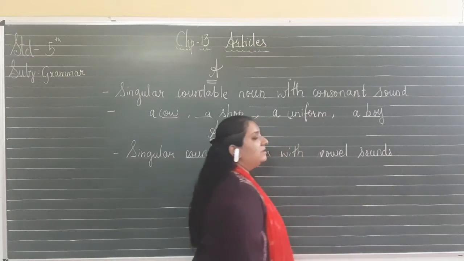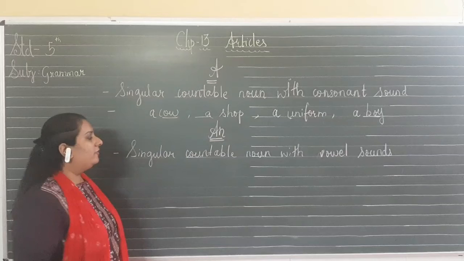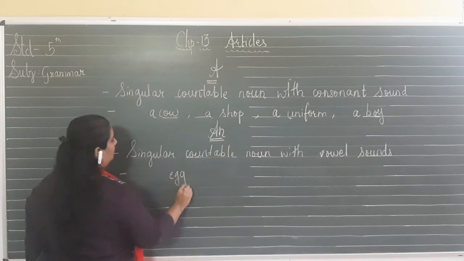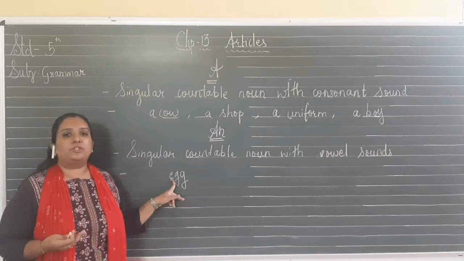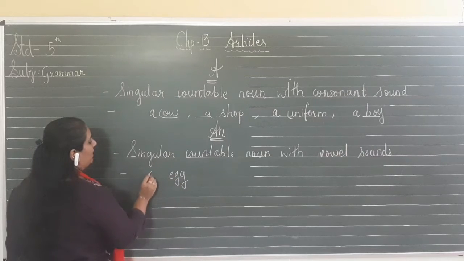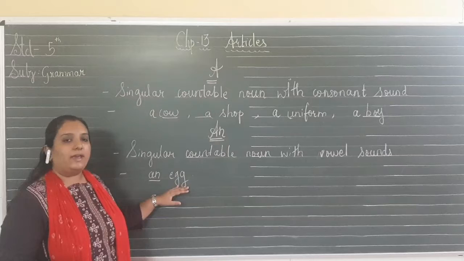Whenever you get a vowel sound, then only we can use article an. For example, egg. Now, I know it is starting with E, but the pronunciation sound is "egg", short E. So here we are getting a vowel sound, so here I will insert article an.